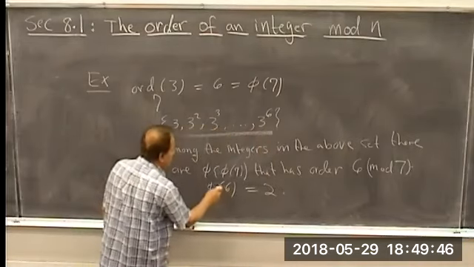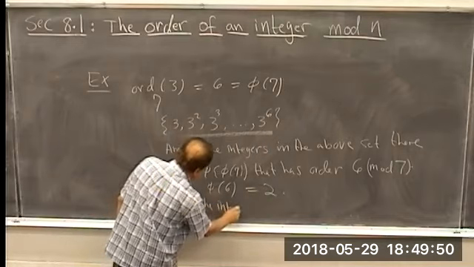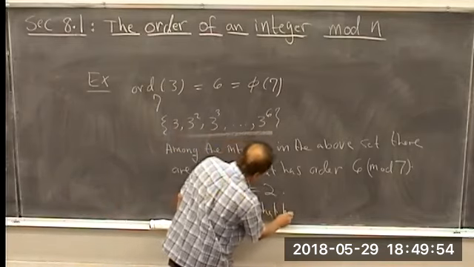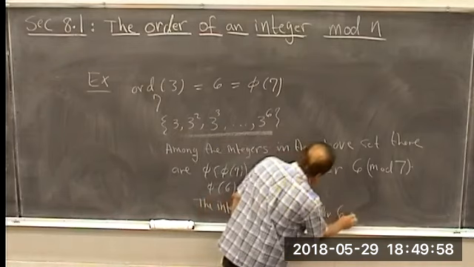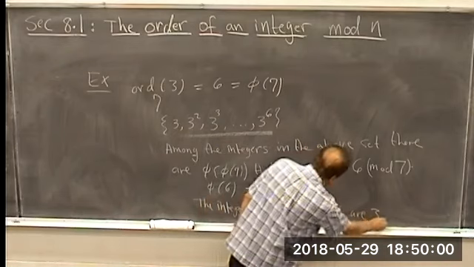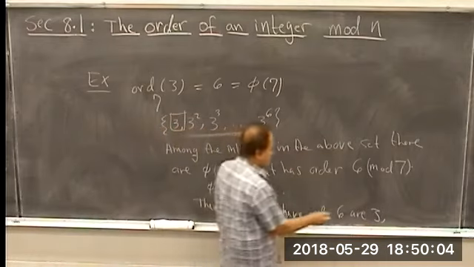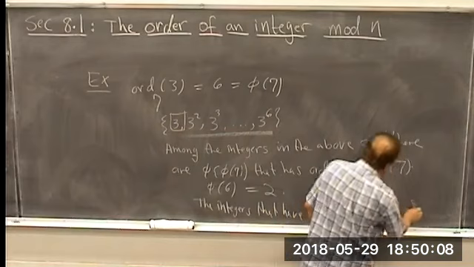They are, of course, 3, the first one, and 3 to the 5th.